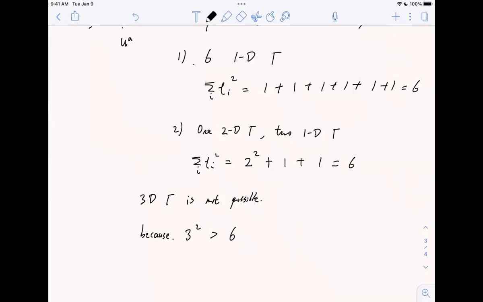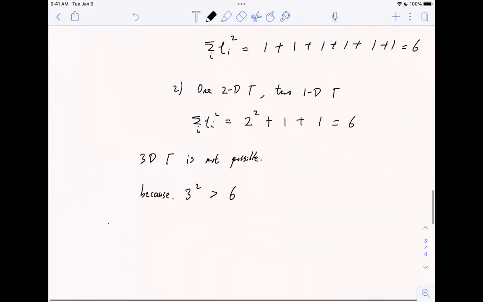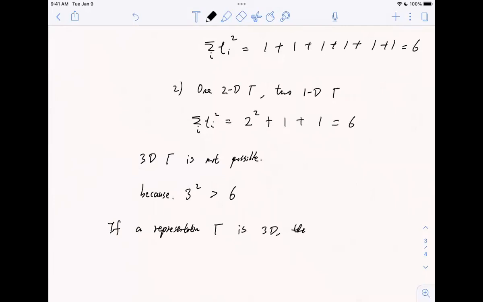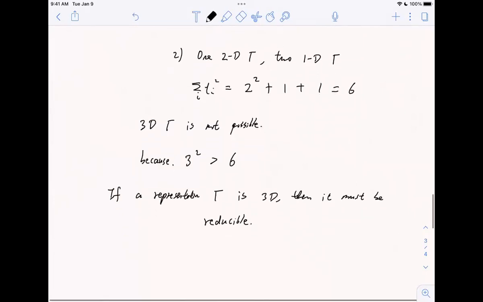So that means if you have a representation gamma that is 3D, then it must be reducible. It must be reducible. Is that okay?